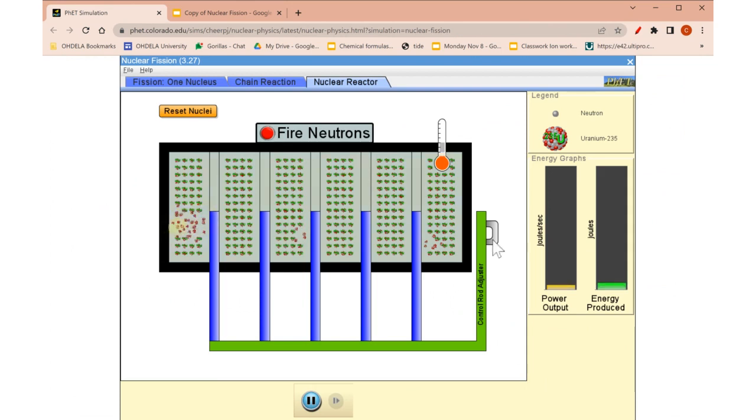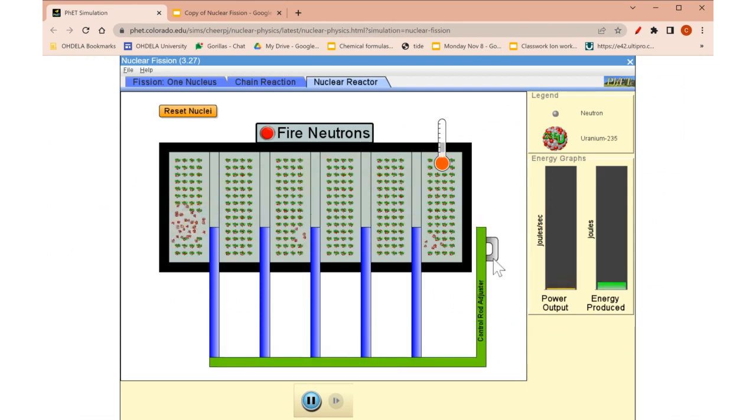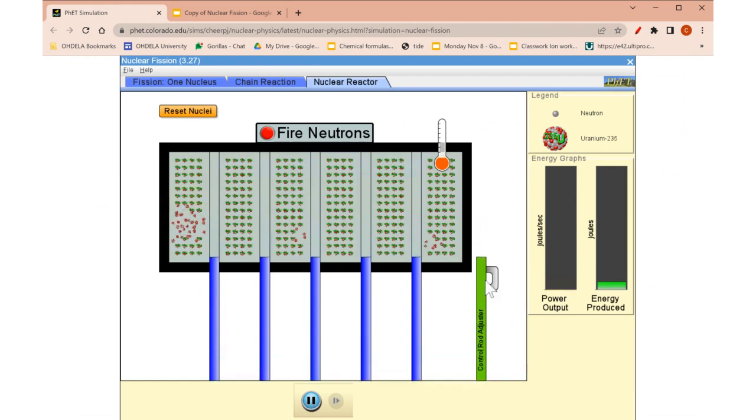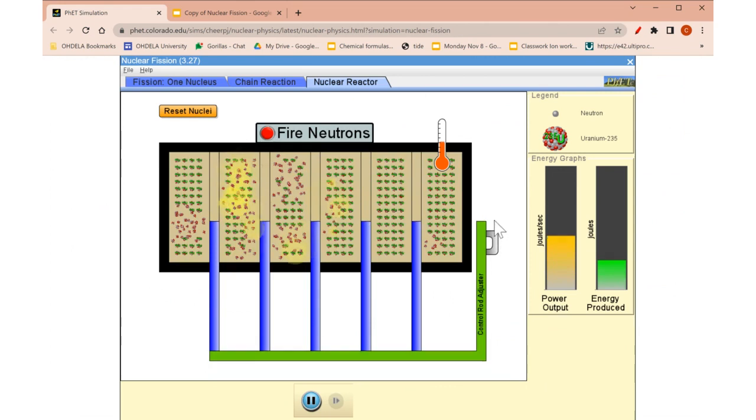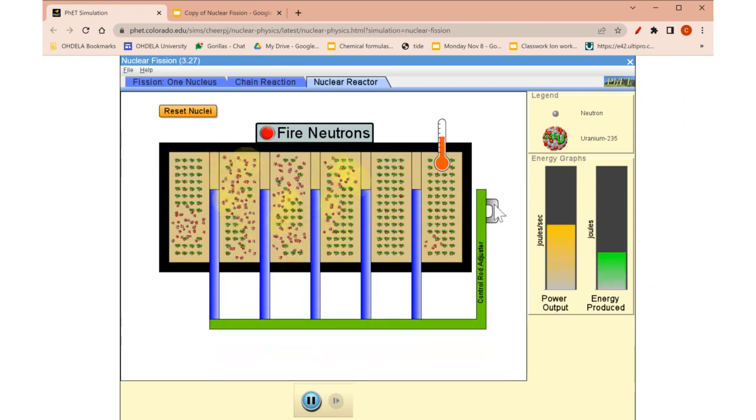All right, so you can see we're getting more and more. Now if I really bring this down and fire a neutron, I can get more reaction between the two. I can get lots of energy, but I also can slow it down by putting this in the way here.